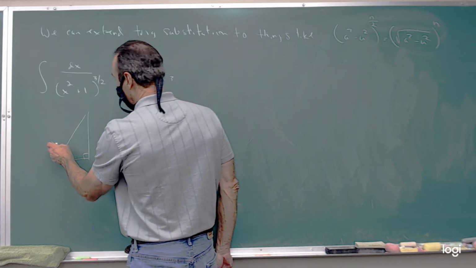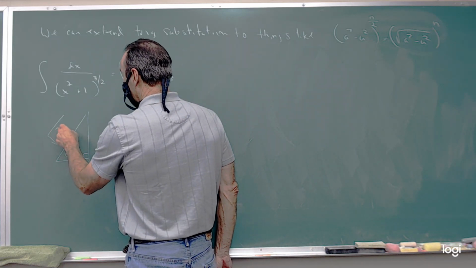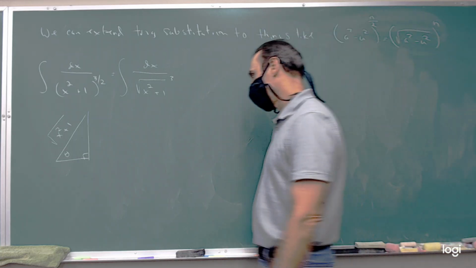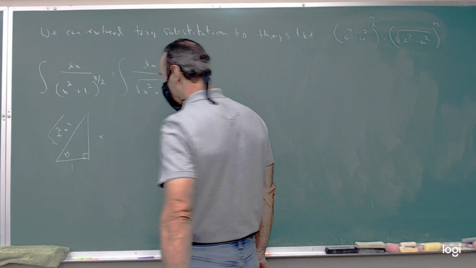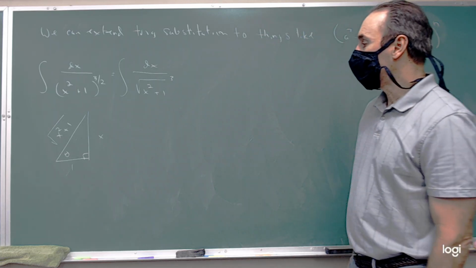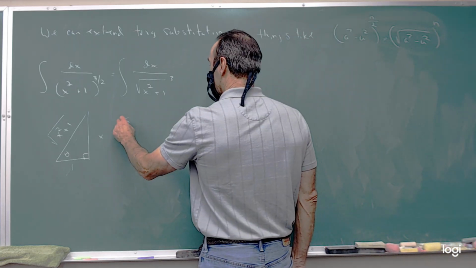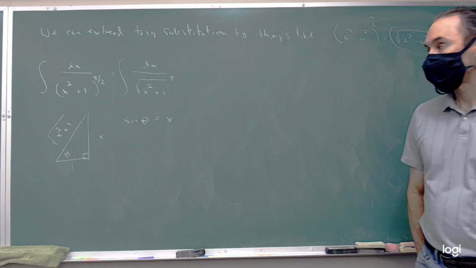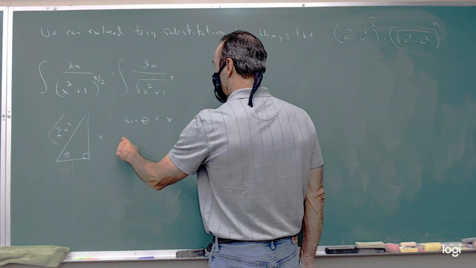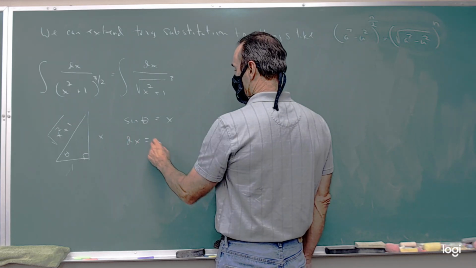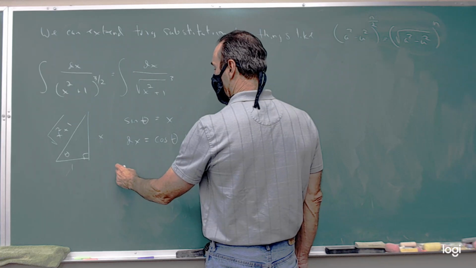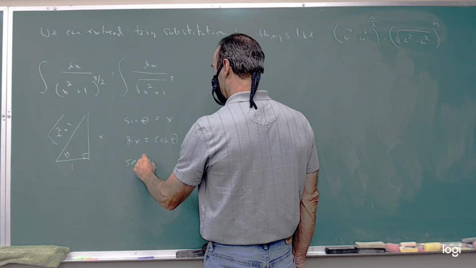Good. And one side is going to be, good, and you pick them in the right order so that we can see that sine theta is our x, and so dx, good, and our, nice.